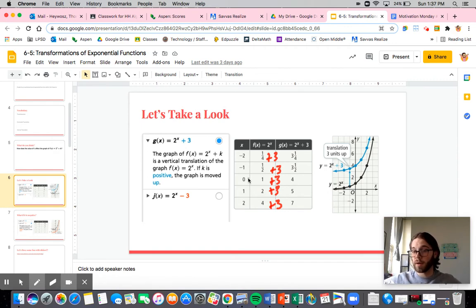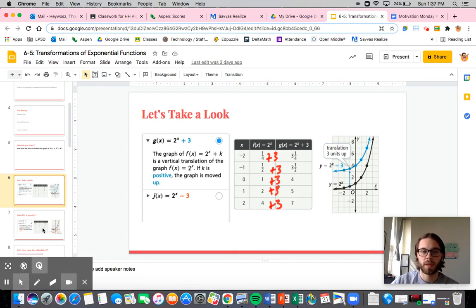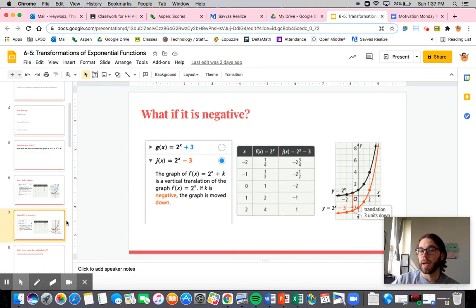So it's never going to go below 3. That makes my asymptote now the horizontal line at 3. Okay, so that has changed. Every other property has not changed, but the asymptote and therefore the range have changed, which is also affecting your intercept.